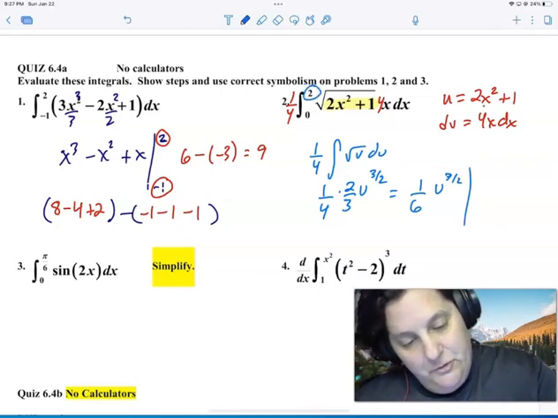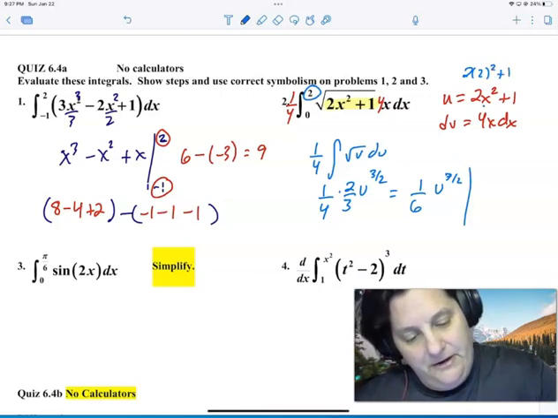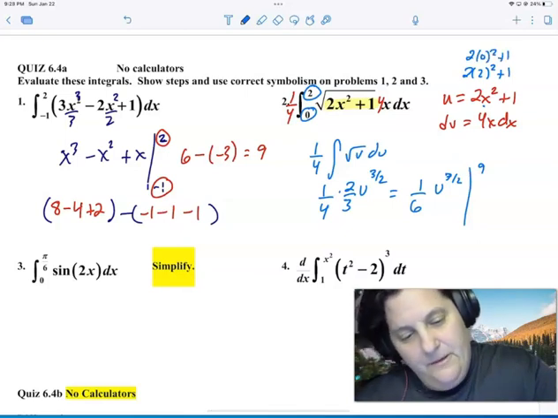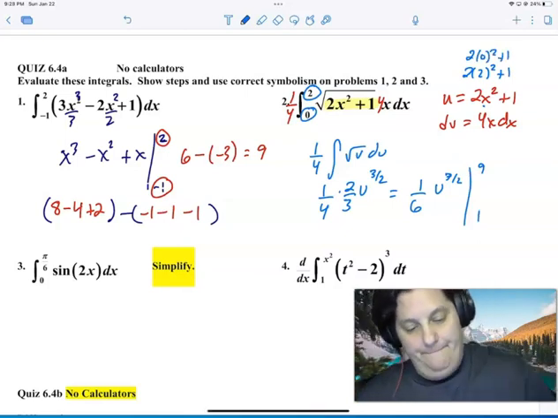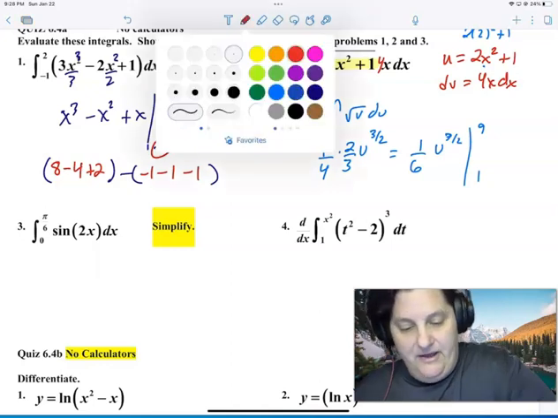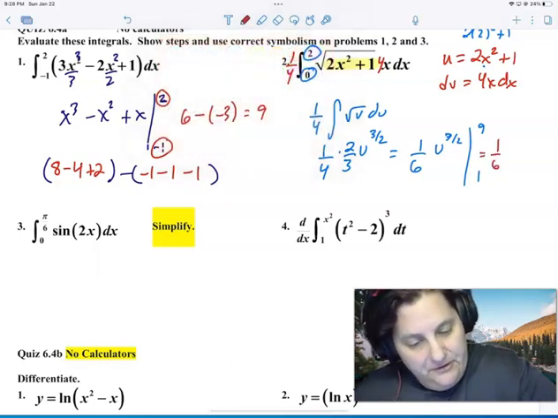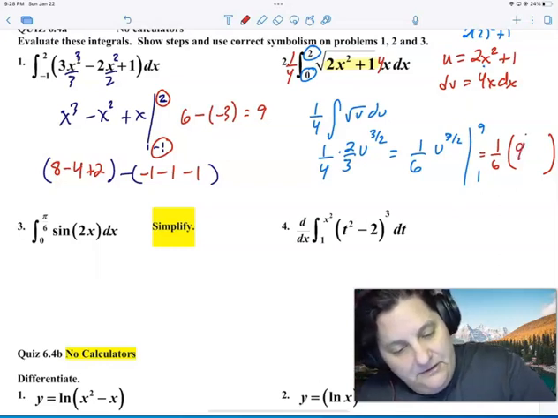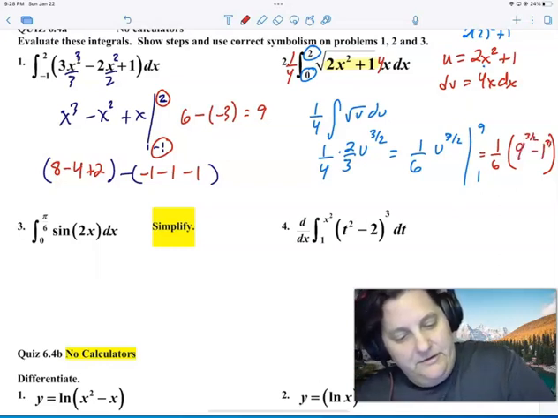If I plug in a 2 right here, I get 8 plus 1, I get 9. If I plug in a 0 right here, 0 plus 1, I get 1. Okay, and now when I evaluate this, let me go ahead and leave the 1/6 out front. It's 9 to the 3/2 minus 1 to the 3/2.